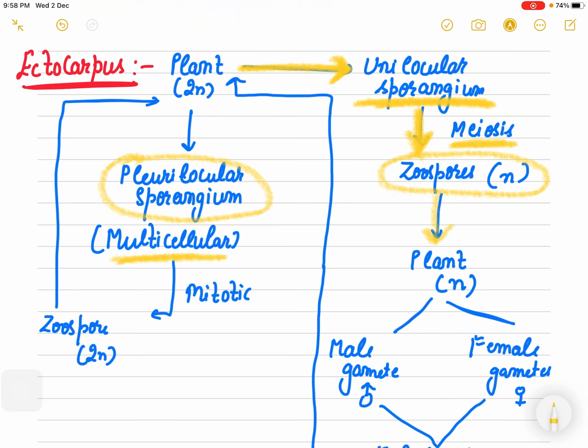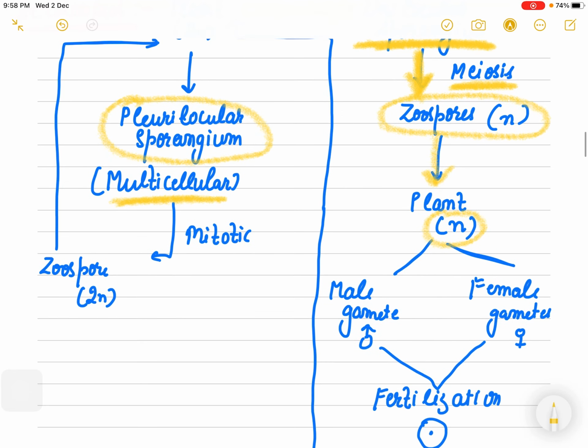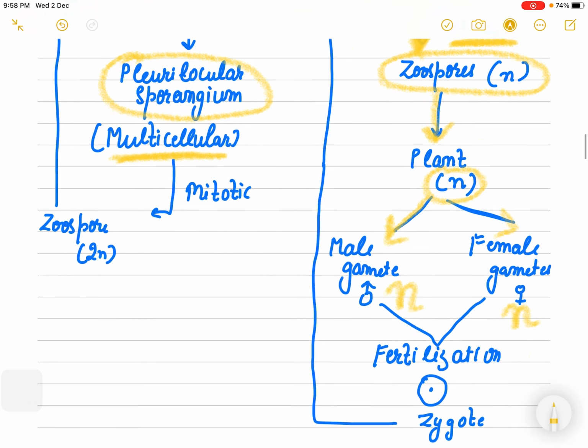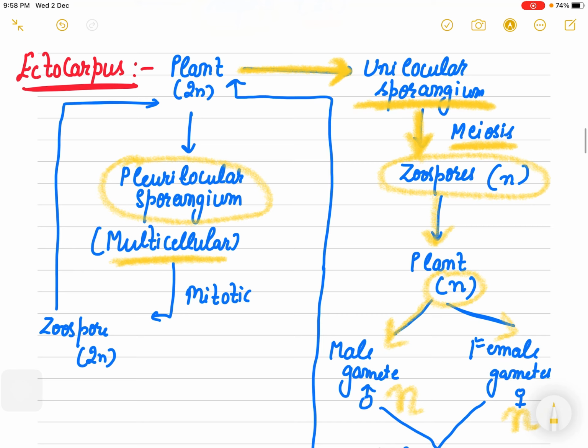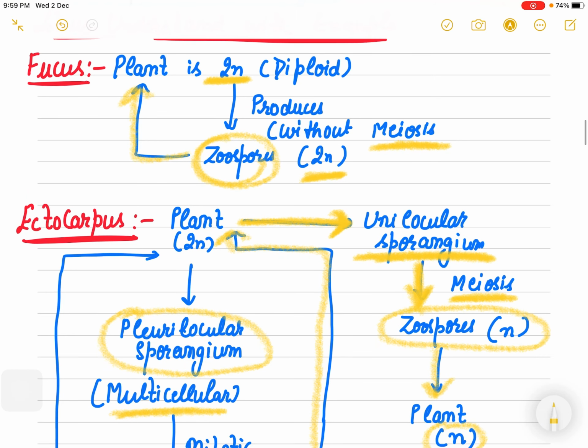So the plant will now be haploid. It will form male gamete and female gamete. They also will be haploid. They will fertilize and form the zygote, which will be diploid. And then it goes on to form a plant, right? Which one will be diploid.